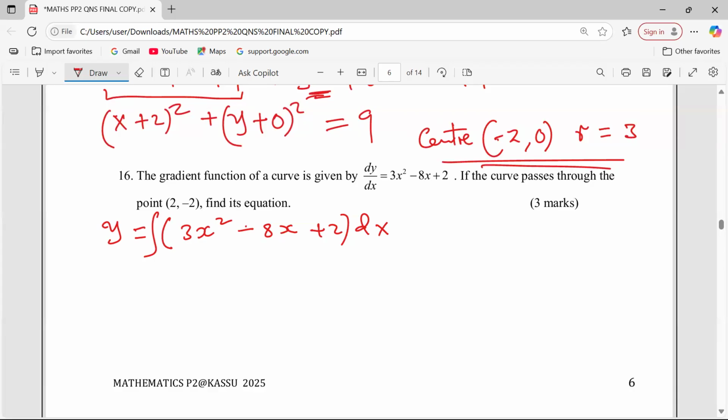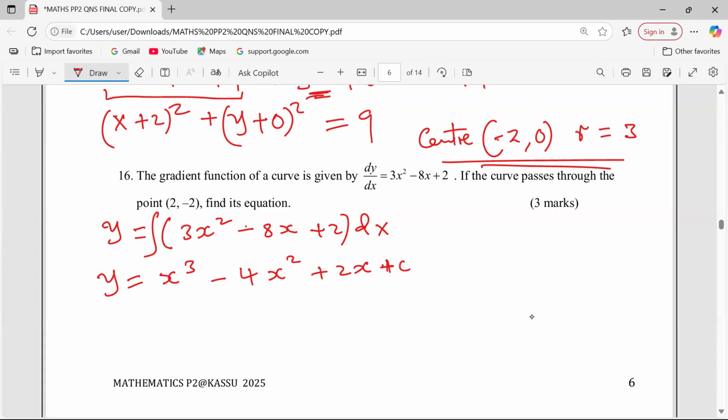That way, let's integrate. y shall be x power 2 becomes x power 3, and the 3 divides. So that's just x power 3 minus 8x becomes now power 2, and the 2 divides, so that this becomes 4, plus 2x is introduced. Then we call it arbitrary constant of integration, c.